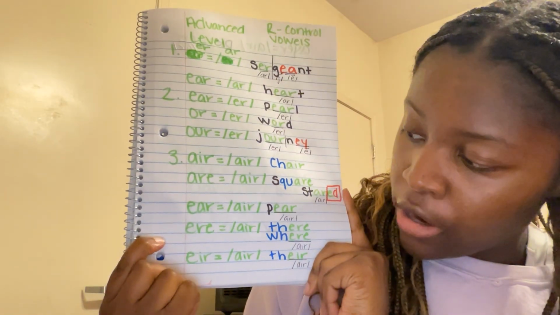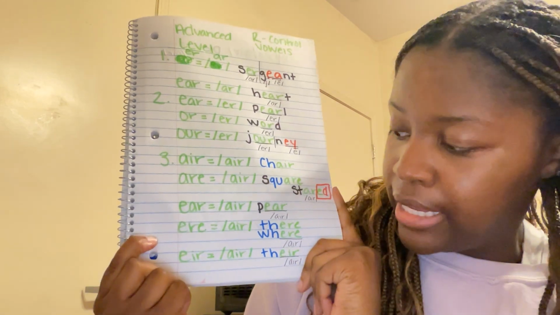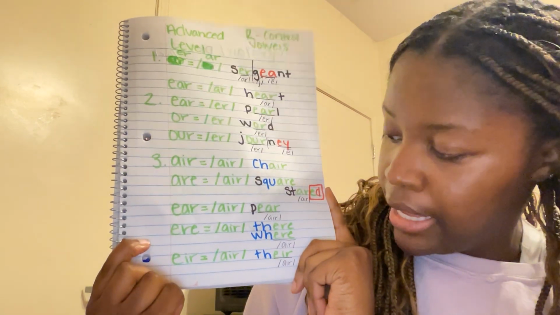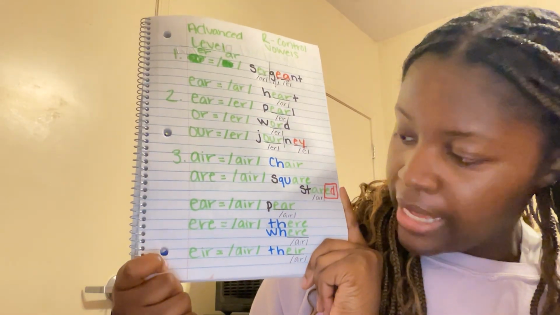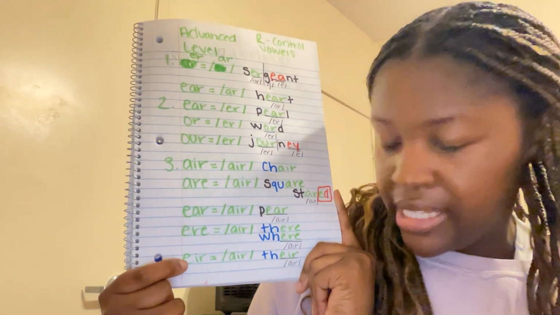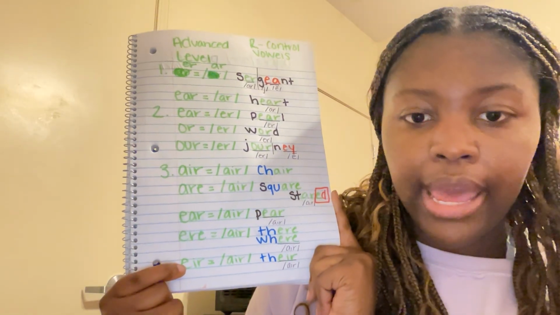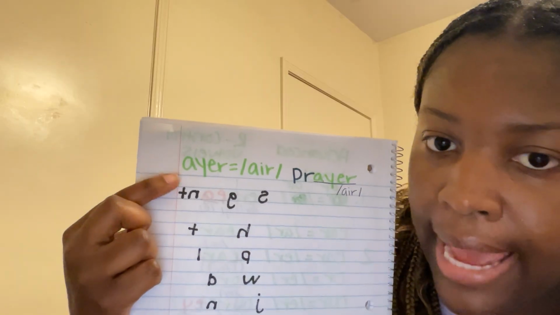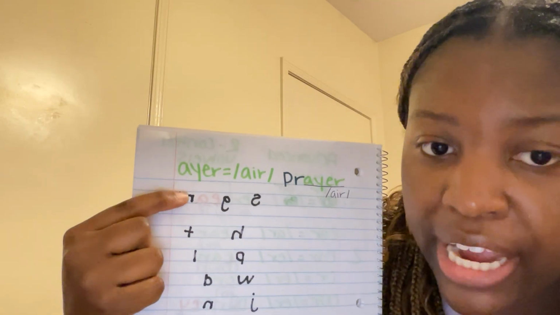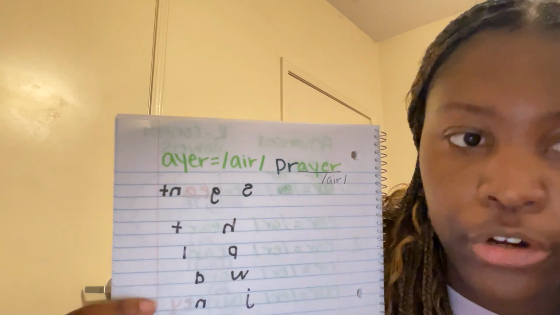Next, I have ERE that makes air, like in there and where. And then lastly, I have ERE that makes air, like in the air. Next, I have AYER that makes air, like in prayer.